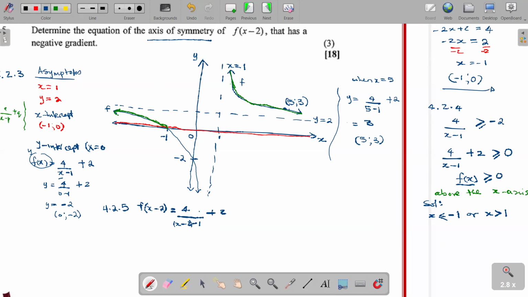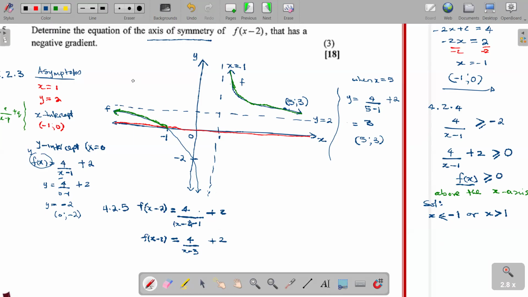So if we simplify this one, it means f(x minus 2) was going to be equal to y, equal to 4 over x minus 2 minus 1, which gives us minus 3. Then we have plus 2.